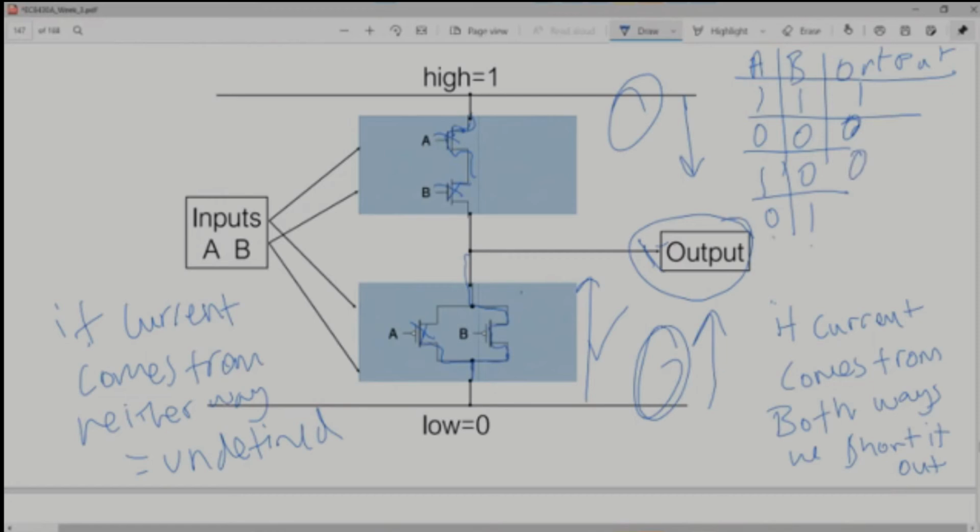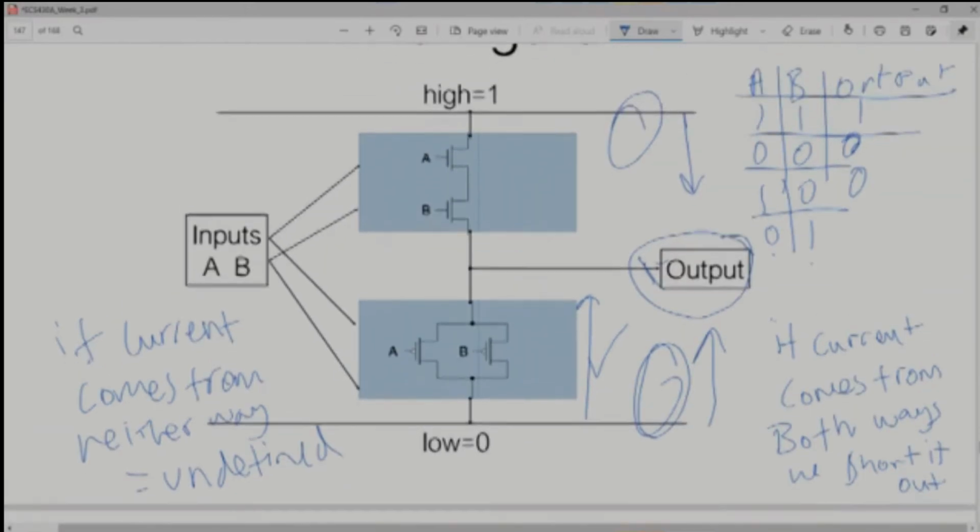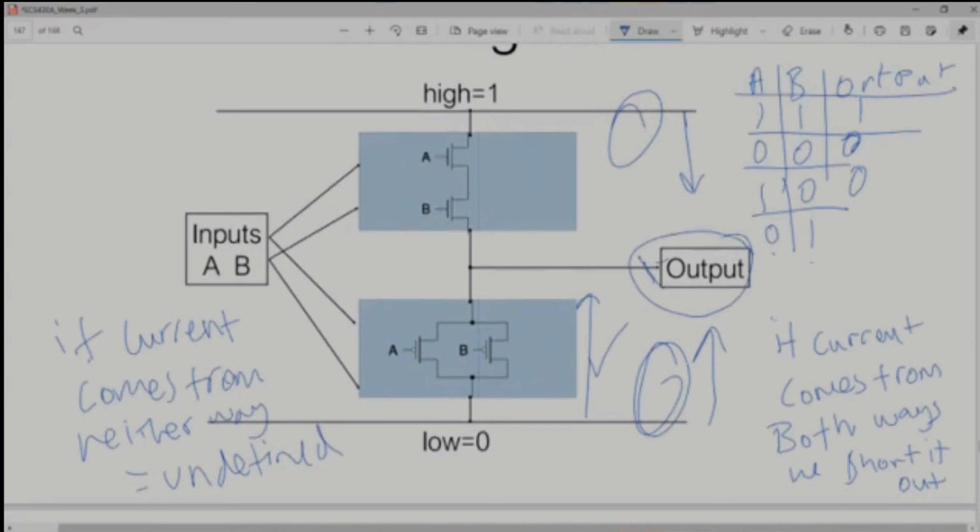So now we have 0 and 1, so let's try it that way. Let me just get rid of the stuff on here. So we have A and B, and let's say A is 0. Do we have a connection here?